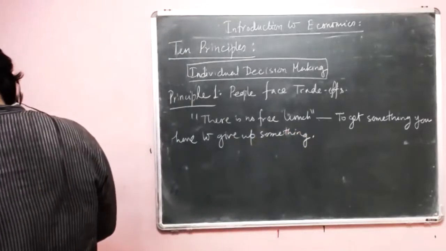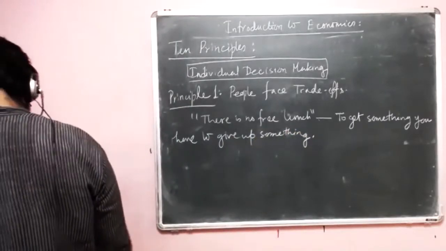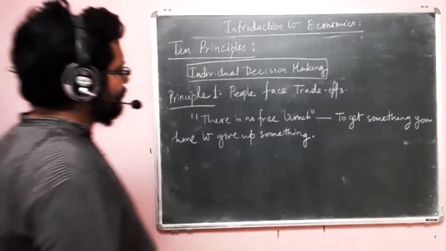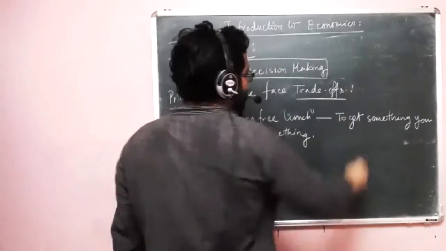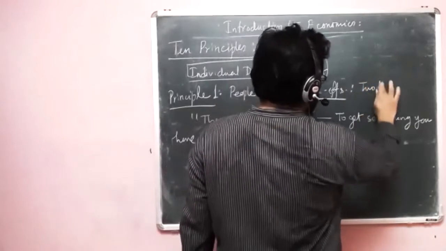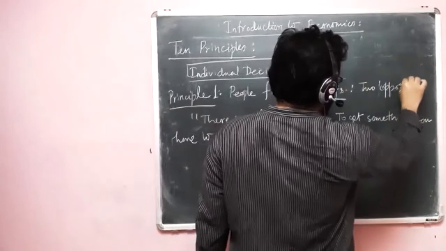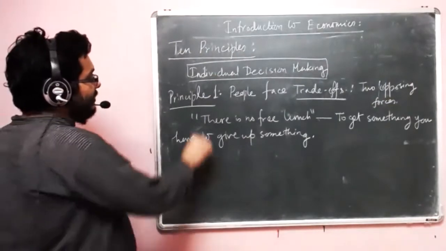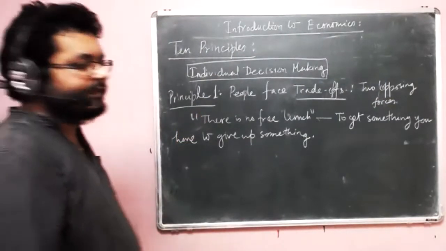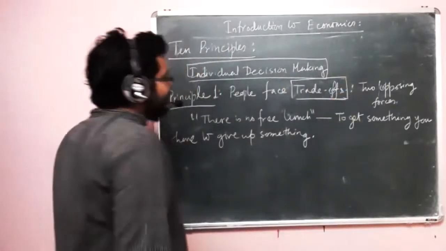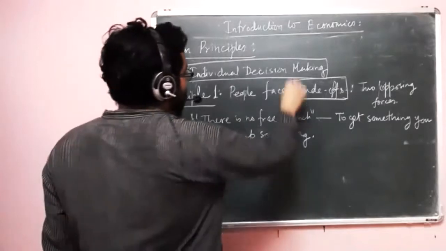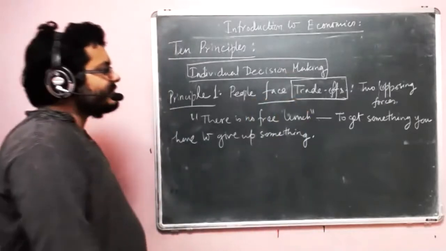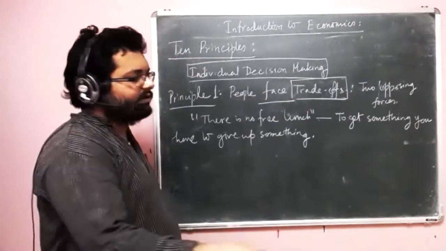Okay. So trade-off basically talks about two opposing forces. Later we will see that depending on this understanding of this trade-off, basically, obviously related to decision making. But here we are talking about that people face trade-offs. So in that sense, we are talking about a conflict to some extent.